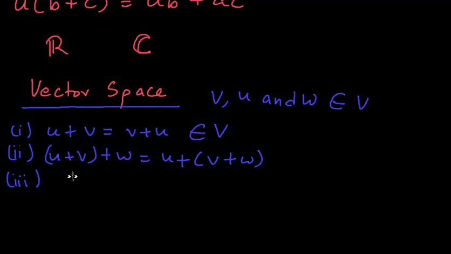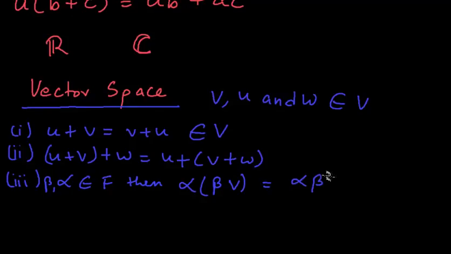Let's say alpha and beta belong to the field. Then we have a similar property: alpha times (beta times v) should be (alpha beta) times v, and it should also fall under the vector space V.